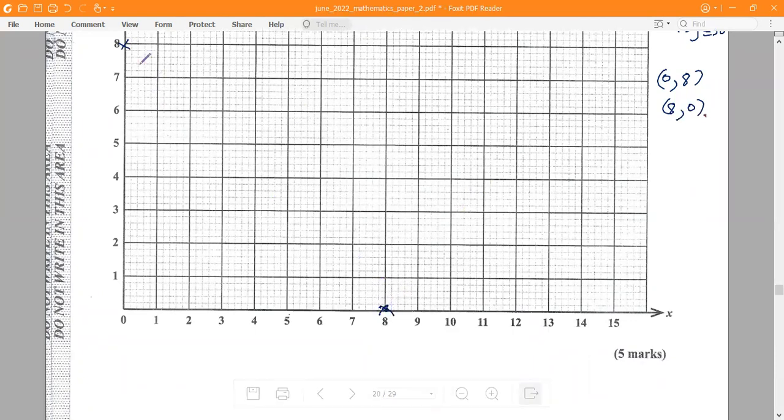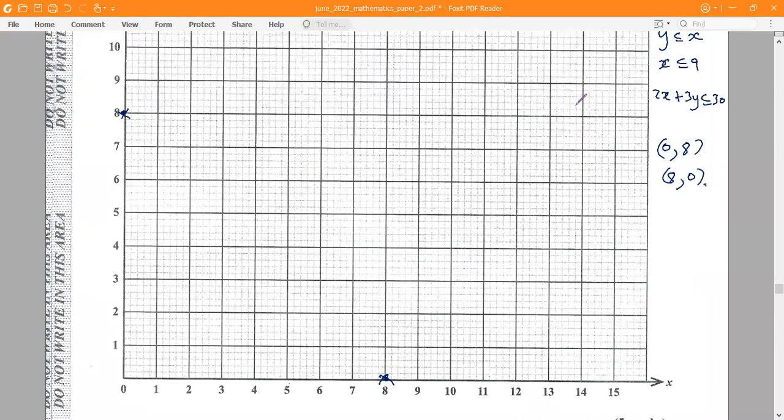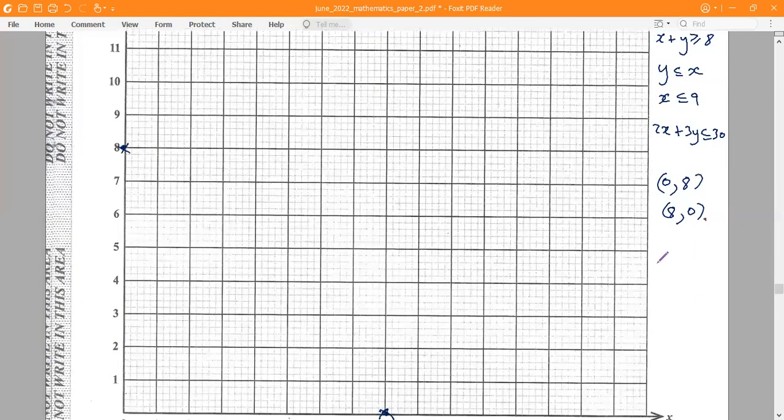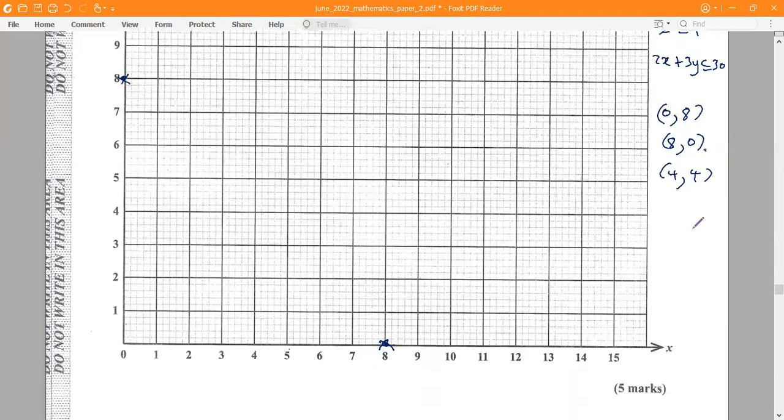Right here, and right here, right? So our third point, let's say x equals 4, y equals 4. All right, x equals 4, y equals 4, which is here.